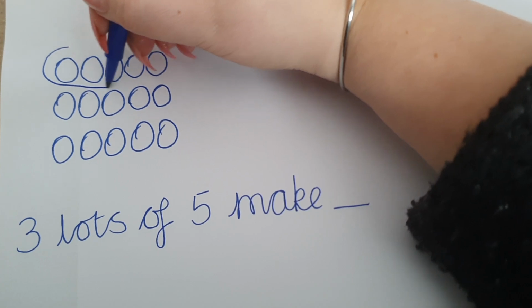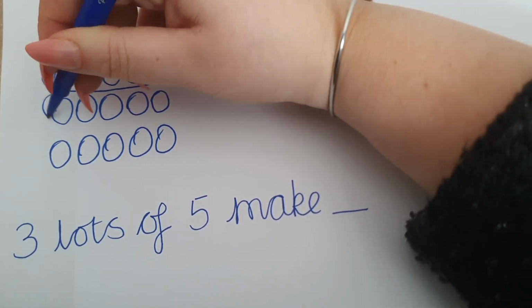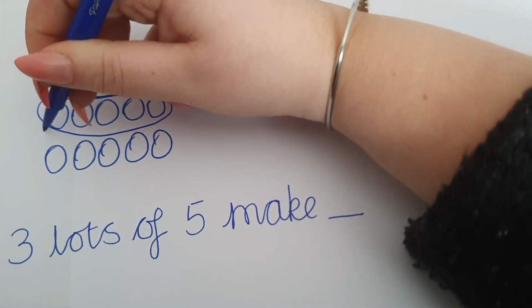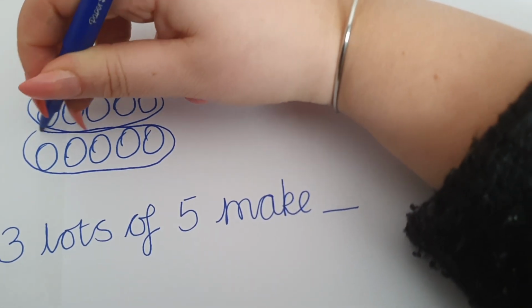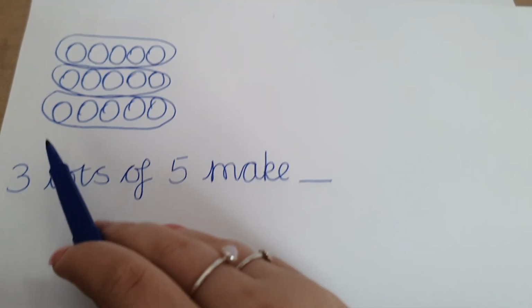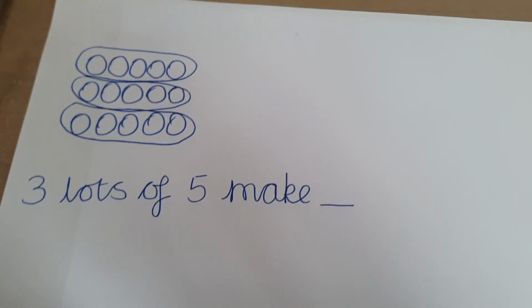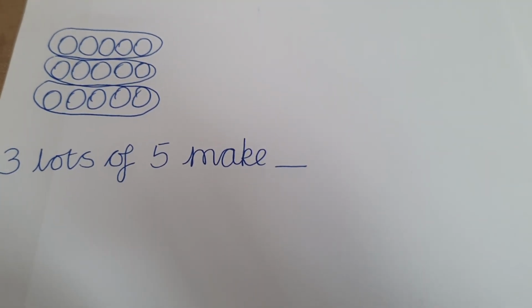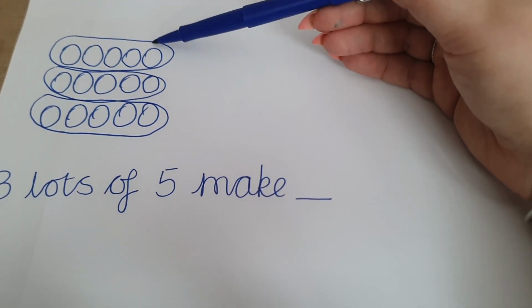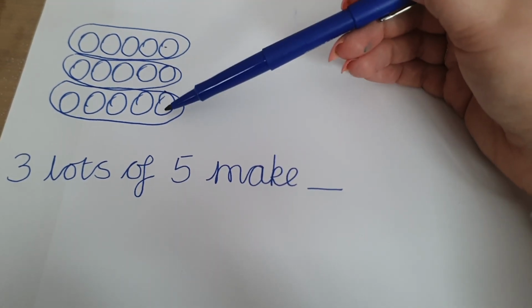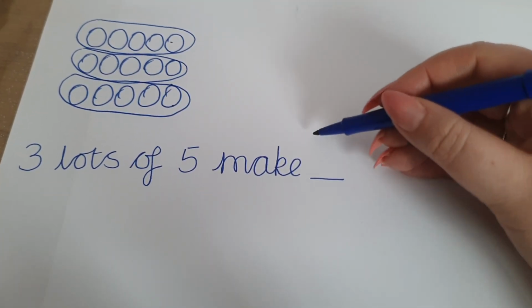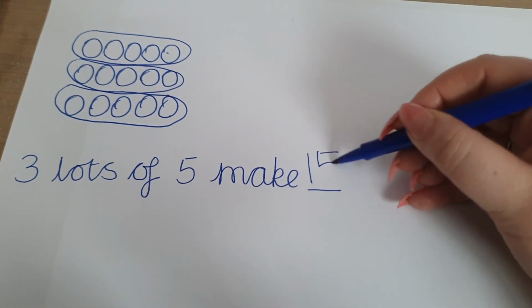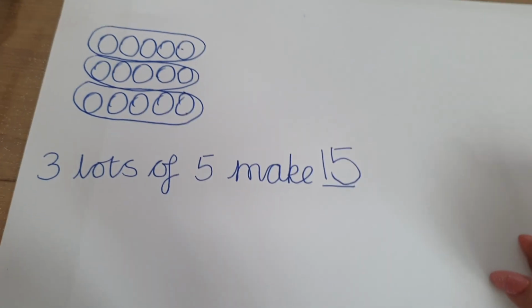So I'm going to group my 3 circles. Now I know I have 3 lots of 5 because there's 5 inside each circle. Now if I was to count how many lots of 5 I have, 5, 10, 15, I know I have 15 circles.